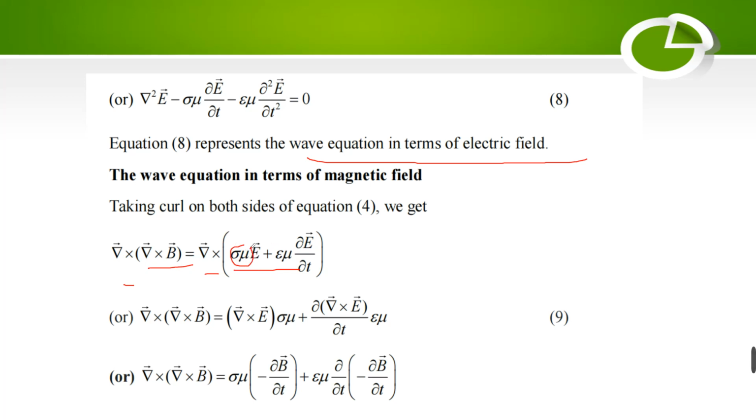These two terms are constant, so we need not take them inside the del cross. So sigma mu plus dou by dou T of del cross E vector into epsilon mu. So this is the term.